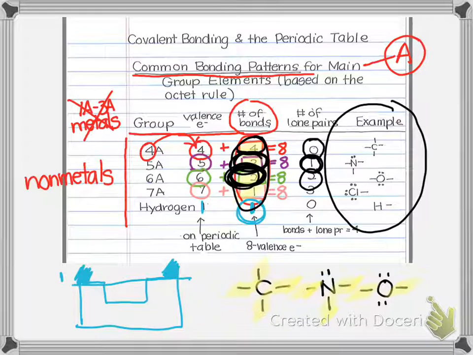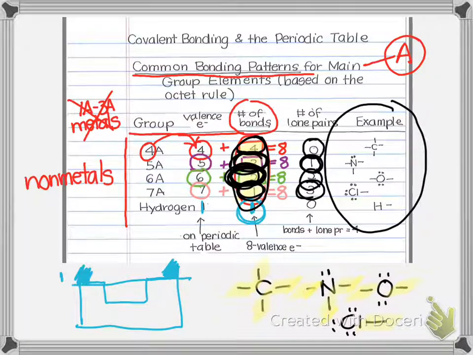And if we keep working our way down, like chlorine, which has just 1 bond, well, that's only 2 electrons. So then to get up to 8, it has 1, 2, 3, 4, 5, 6. It adds 3 lone pairs.